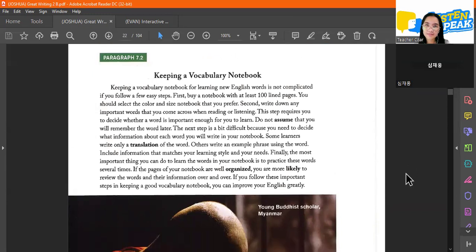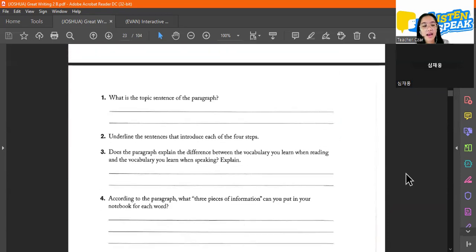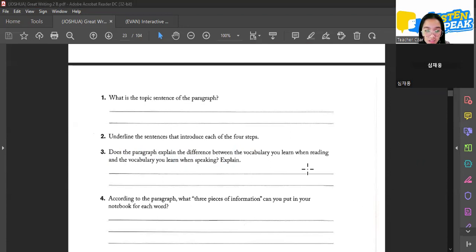Vocabulary notebook is good. Okay, how about underline the sentences that introduce? We already did that. Number 3, does the paragraph explain the difference between the vocabulary you learn when reading and the vocabulary you learn when speaking? Okay, this one.